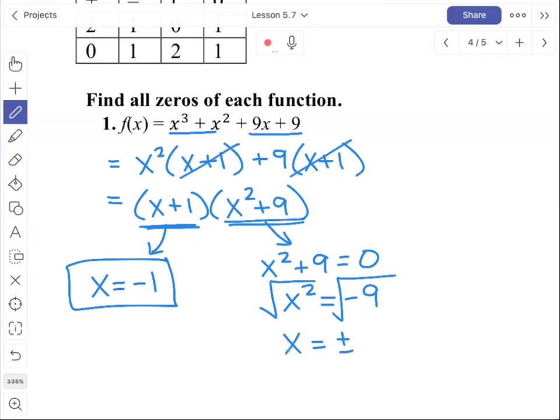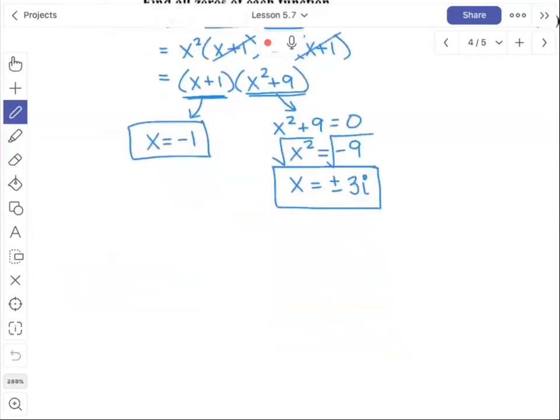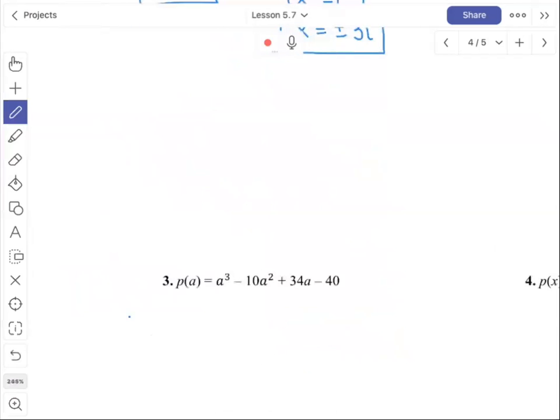So x is equal to plus or minus 3, and because of the negative on the inside, I have to pull out the i. All right, so those are my answers. So if you can factor, do it. Now the problem is not all of them are factorable. So let's see what happens if I can't factor.